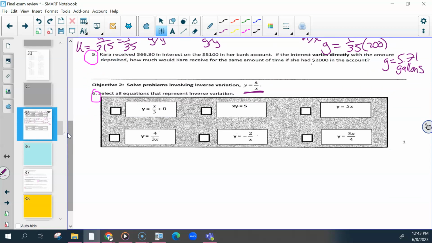So we're looking for equations that look like this, where we're dividing x. This one we're not dividing x, so that's not one. Here we are, so the 4 divided by 3x is 1. This one, if we were to solve this for k, we would be multiplying both sides by x.